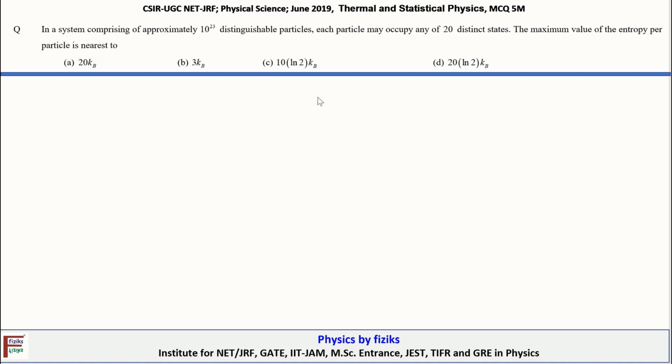So here we are going to make use of the relationship that connects the entropy with the number of microstates basically. So S is equal to Kb ln omega.